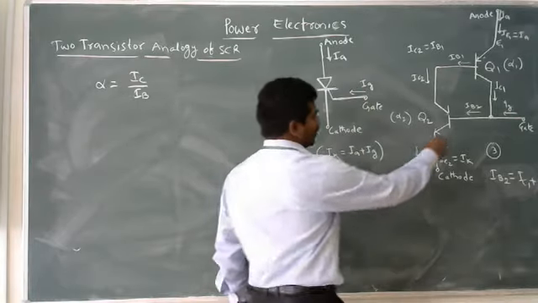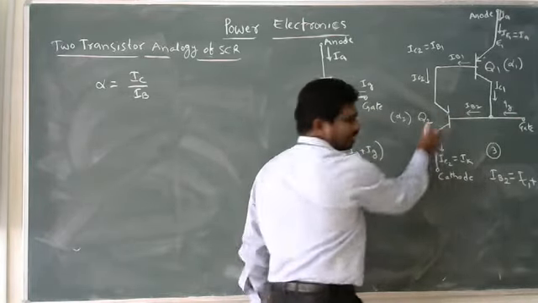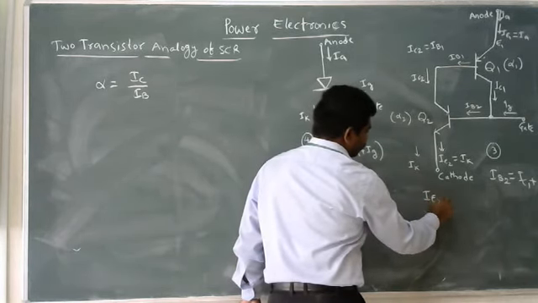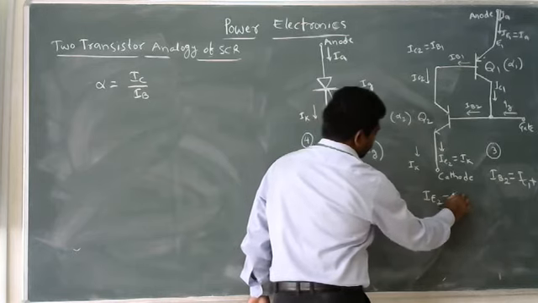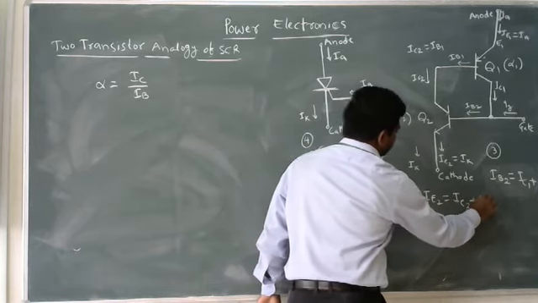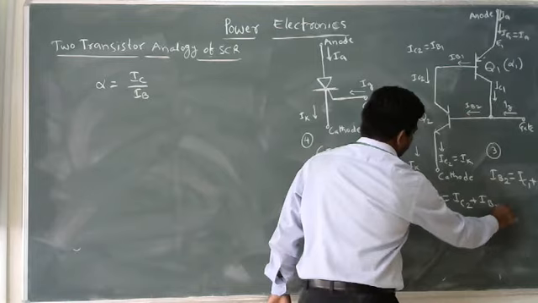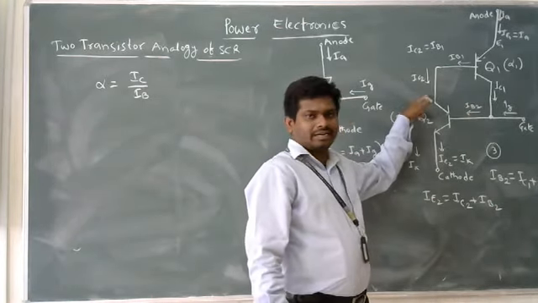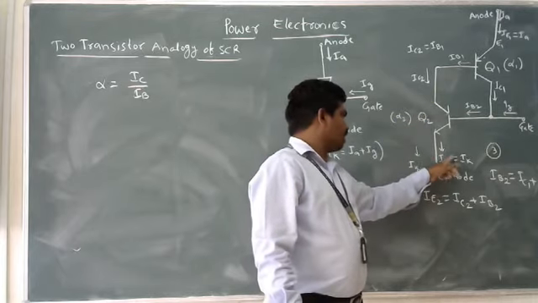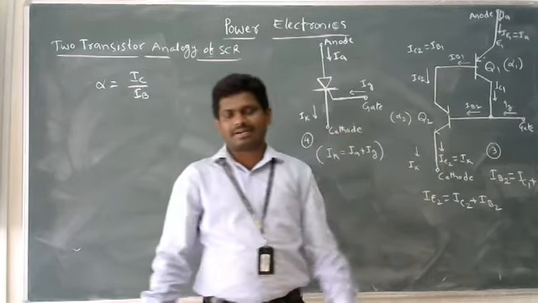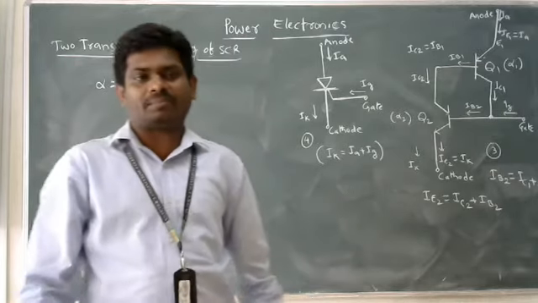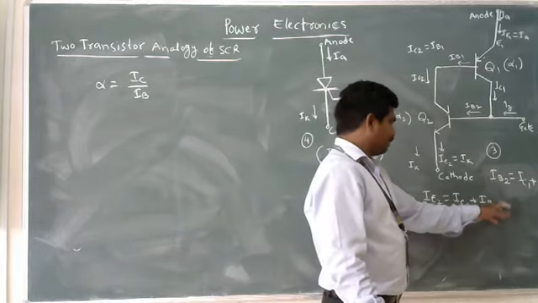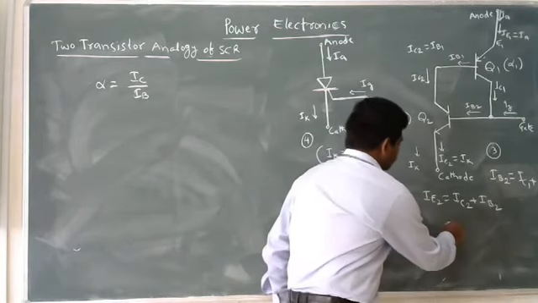In the same way, I am applying KCL to the transistor Q2. Then I am getting IE2 is equal to IC2 plus IB2. Look at this: this current is entering into the device, but this IE2 current is leaving from the device. So for Q2 I am applying KCL, and then in place of IB2 I am replacing these values.